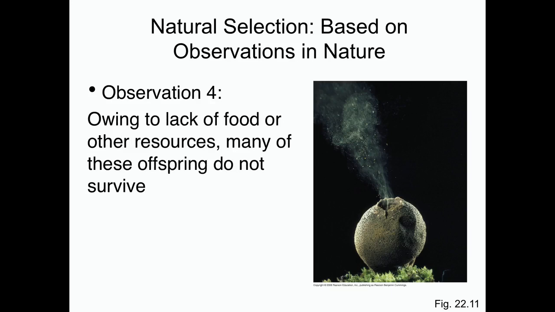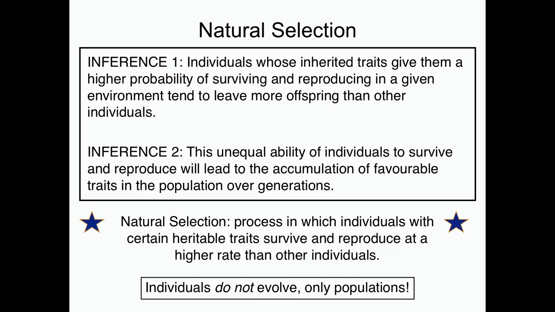There might not be enough food, there might not be enough space. Some of the organisms are not going to survive. So again, there's variation. That variation is able to be passed from parent to offspring. And organisms are able to produce more offspring than can survive, and therefore some of those offspring are going to not survive.